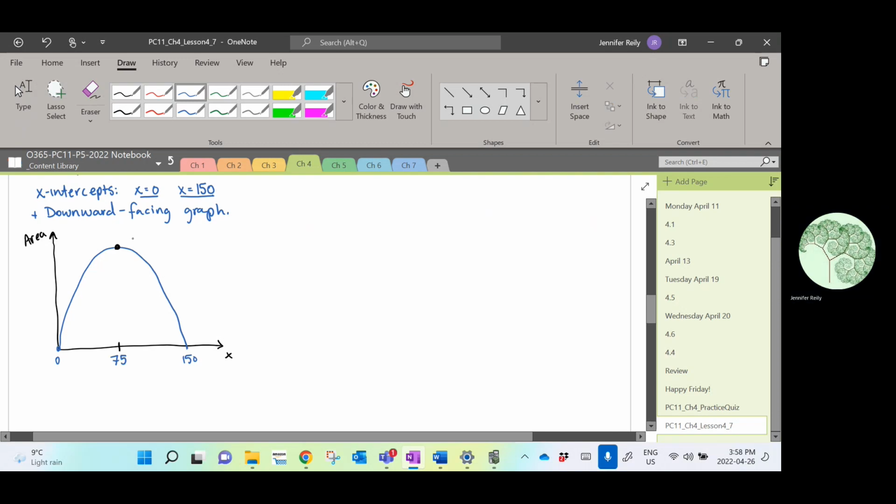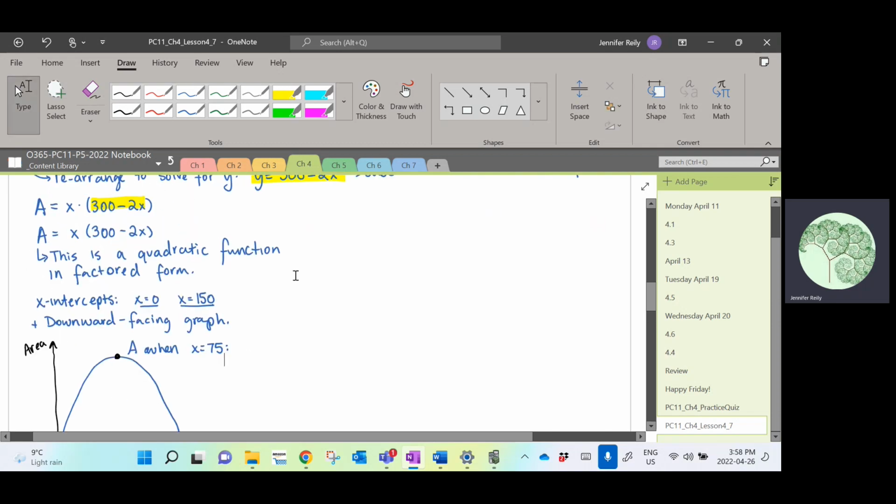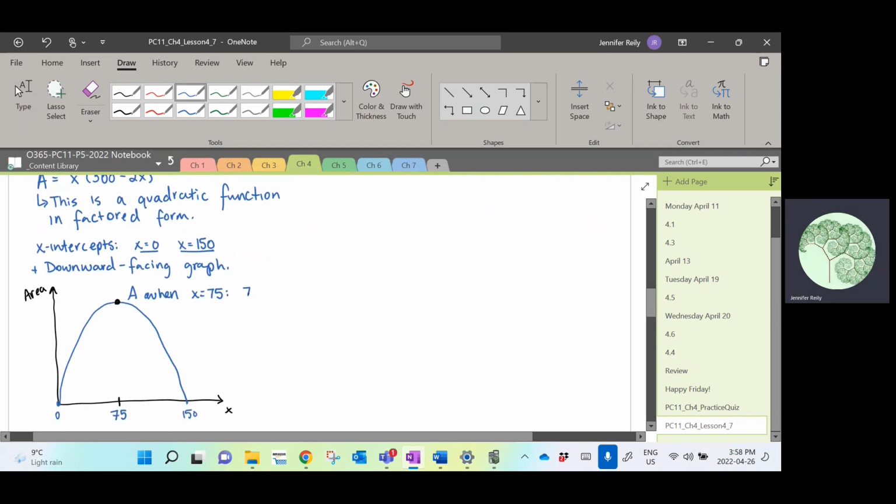And the area when x equals 75 would be, we could plug it into our area equation, 75 times 300 minus 2 times 75, which would equal, plug it in.